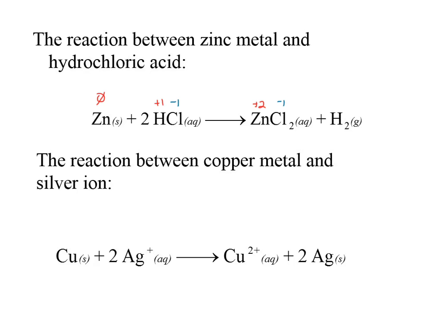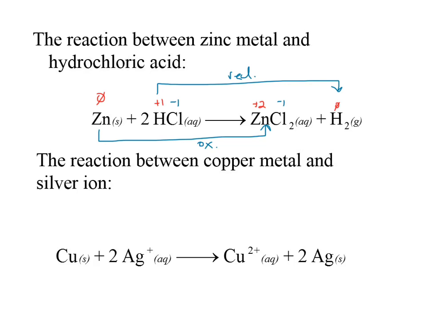Hydrogen gas there is a 0. Each of those are 0. So let's kind of look for our pairs. Looks like zinc is going from, again, a 0 oxidation state to a +2, so it's being oxidized. And hydrogen is going from a +1 to a 0, so it's being reduced.